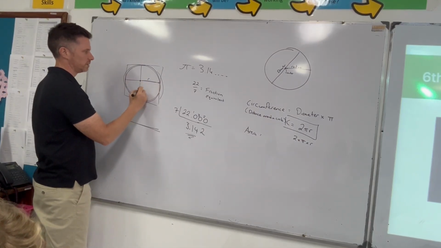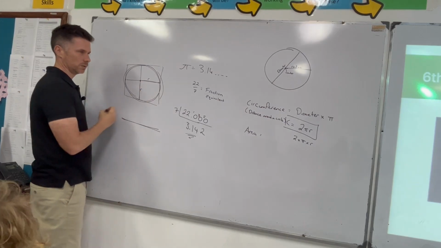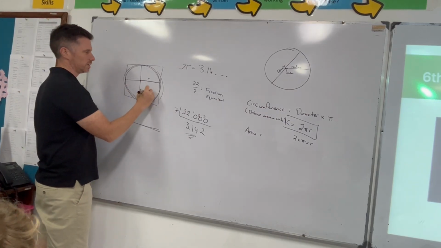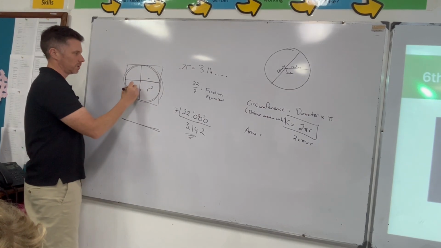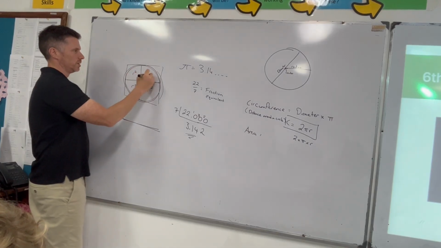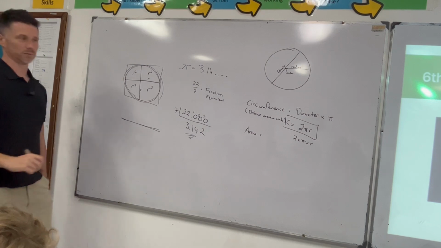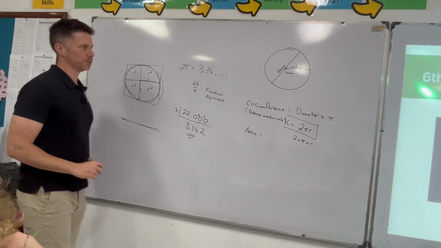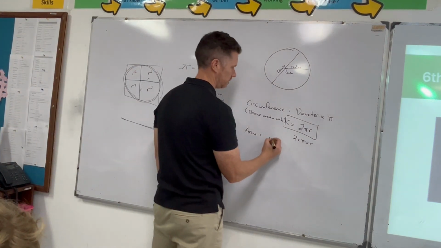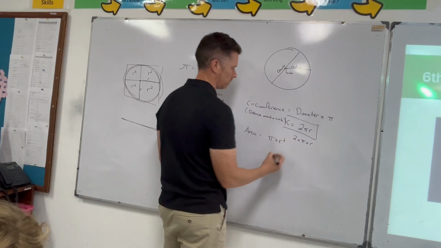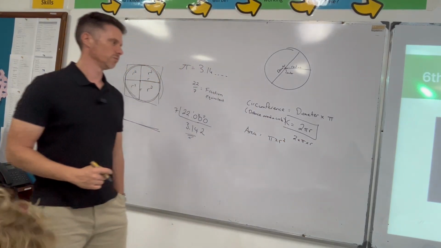Well, it's the radius times the radius, so radius squared. There would be 4 of those, but that's too big, isn't it? It's only 3 and a bit of those. 3 and a bit radius squareds, or pi times radius squared.